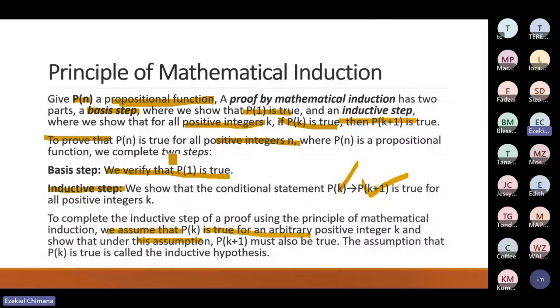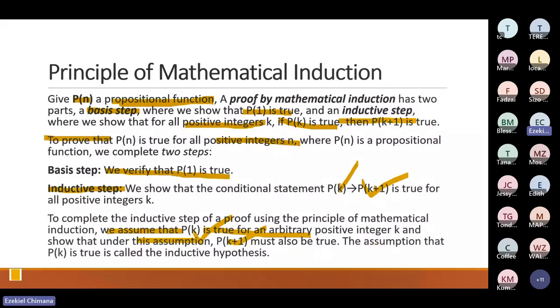So I was just saying that on proof by induction, for you to complete the inductive step, we assume that P of k is true for an arbitrary positive integer k, and show that under this assumption, P of k plus 1 must also be true.